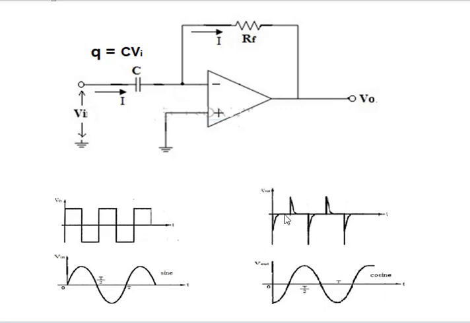It gives the output as spikes. If you give a sine wave, we will get a cosine wave. So it transforms the waveform from a square wave to spikes and a sine wave to a cosine wave.